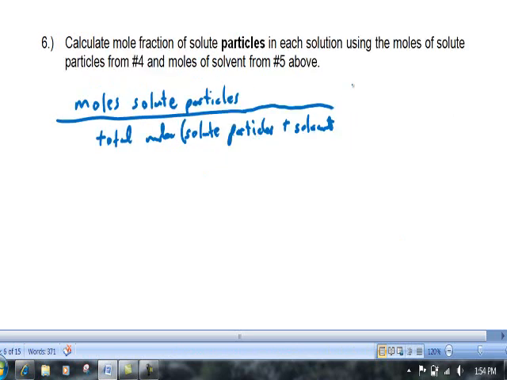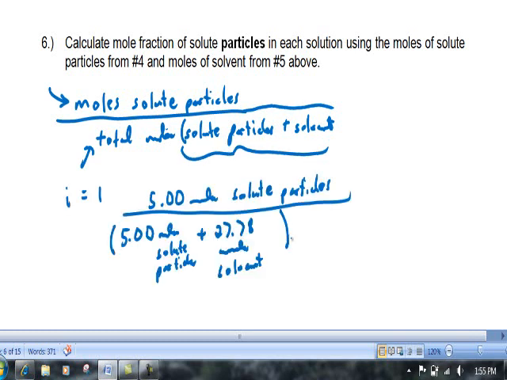Now the next thing, number 6, asks us to calculate mole fraction of solute particles. This is just a fraction that we get by taking the moles of solute particles divided by the total moles. The total moles would be the combination of solute particles plus moles of solvent. Now if we use an example from our i equals 1 set of data, we had 5 moles of solute particles. That's our total solute particles.